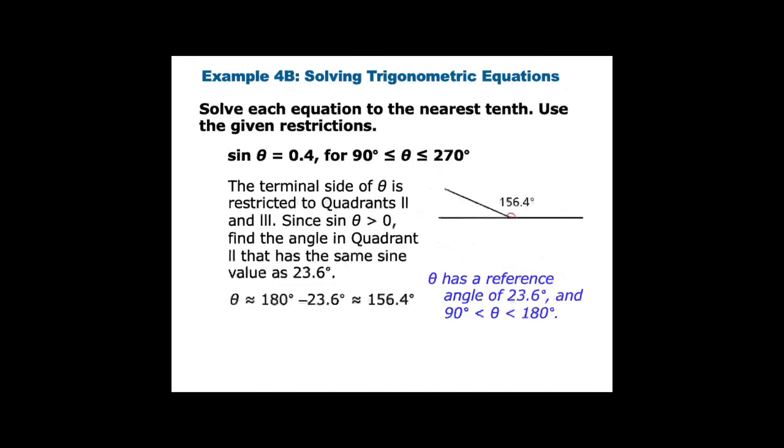Since sine of theta is greater than 0, we need to find the angle in quadrant 2 that has the same sine value as 23.6 degrees. So we would do theta is approximately 180 degrees minus 23.6 degrees, which would give us 156.4 degrees.